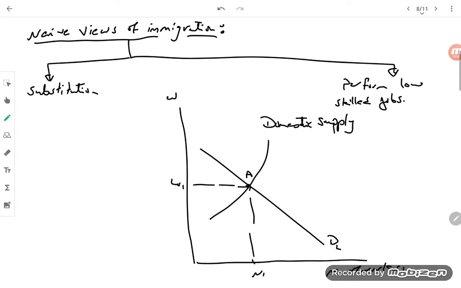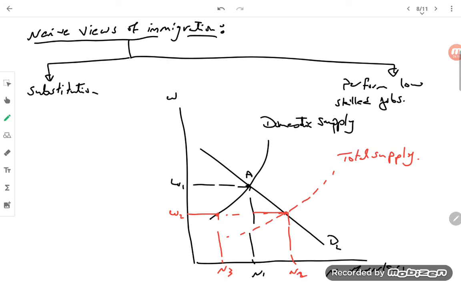Now let's add the illegal immigrants. So the total supply curve will shift to the right in order to include both legal and illegal immigrants. So this is the total supply curve. And we have a new equilibrium point at N2.